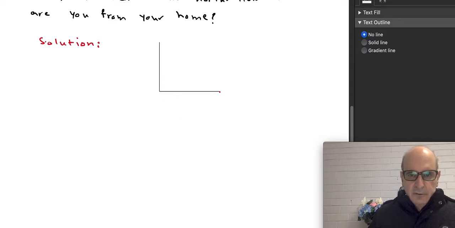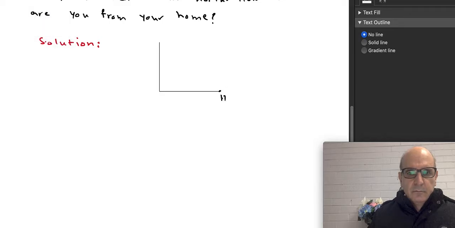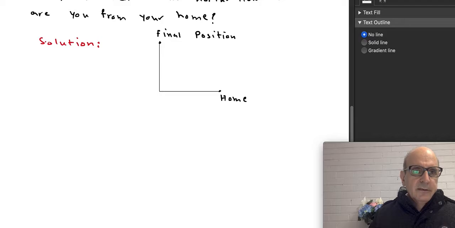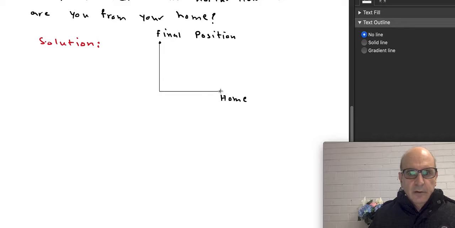So that's your starting position or your home. And this is your final position. We want to see how far you are from your home. In other words, how long is this line? This is a straight line.